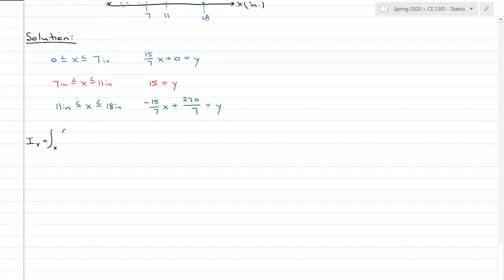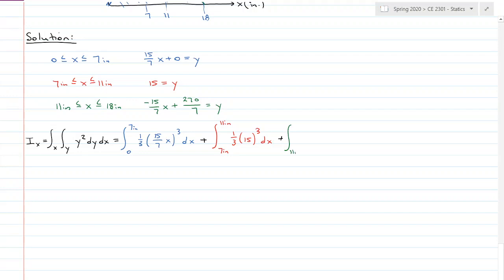Ix is going to be, x is going to be on the outside, y squared dy dx, which is going to equal, in our color coordination, the integral from 0 to 7 inches of 1/3 of 15 over 7 x cubed dx, plus, in red, the integral from 7 inches to 11 inches of 1/3 of 15 cubed dx, plus, in green, the integral from 11 inches to 18 inches of 1/3 of negative 15 over 7 x plus 270 over 7 cubed dx.